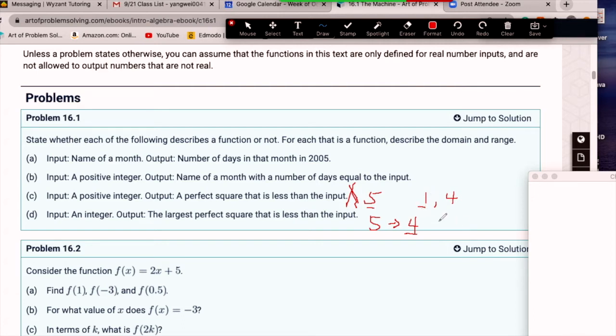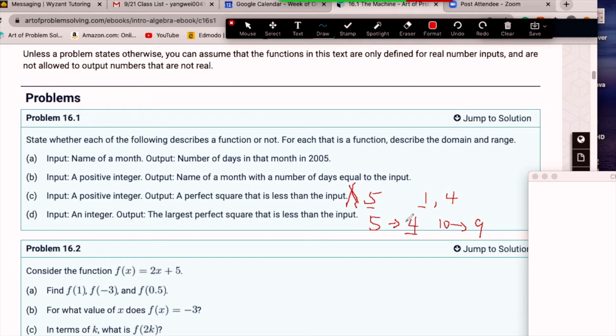If you give me a 10, this answer will be 9, because 9 is the largest perfect square number less than 10. So by this way, you cannot get more than 1 output.